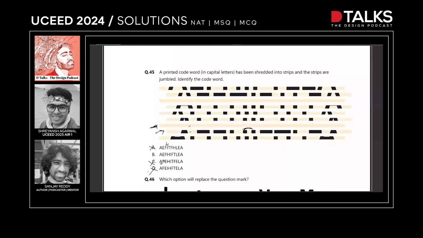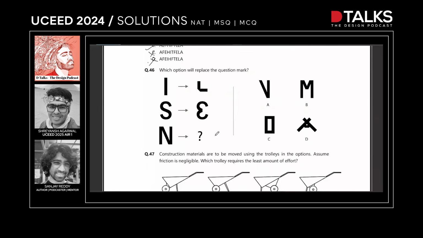Which option will replace the question mark? So this is a fold over, and inside it the fold is twisted. It's always being twisted.